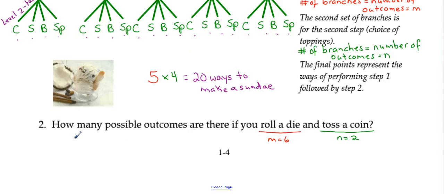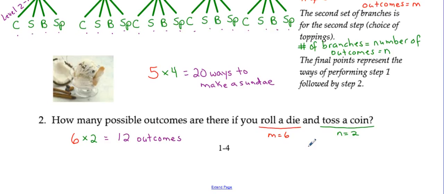So the total number of outcomes is 6 times 2, which is equal to 12 outcomes. Once again, the key word to indicate that you are using the multiplicative principle is the word and.